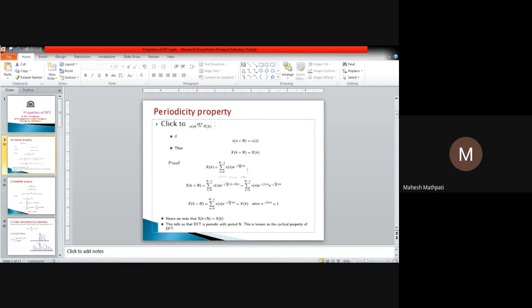Just write this part. X of k plus N is equal to summation n equals 0 to N minus 1, x of n will remain as it is, e power minus j 2 pi by N, and the value of k I am replacing by k plus N, multiplied with n. Then if you simplify this, we get summation n equals 0 to N minus 1 x of n e power minus j 2 pi n into e power minus j 2 pi by N kn.